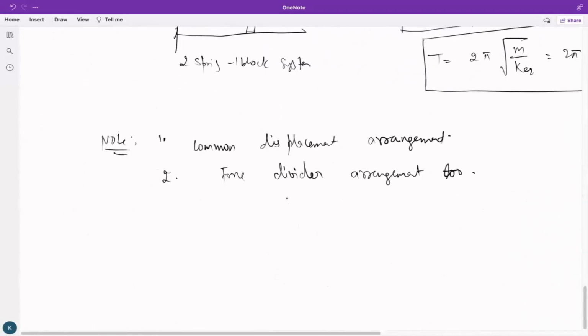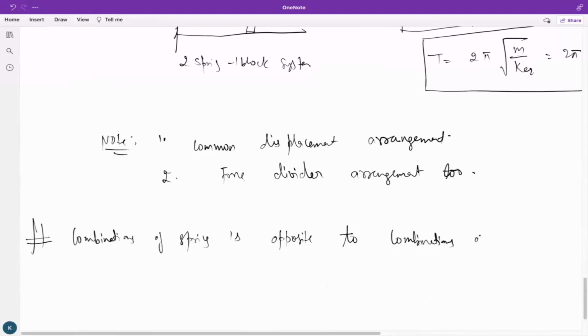Now, combination of springs is opposite to combination of resistors. You must have studied in 9th and 8th that if two resistors, let us say R1 and R2, are connected in series, the R equivalent is R1 plus R2.